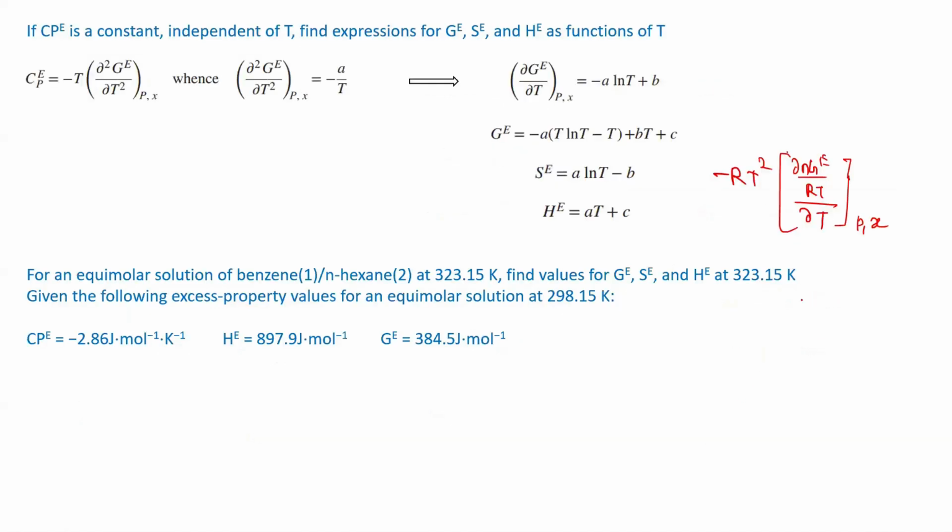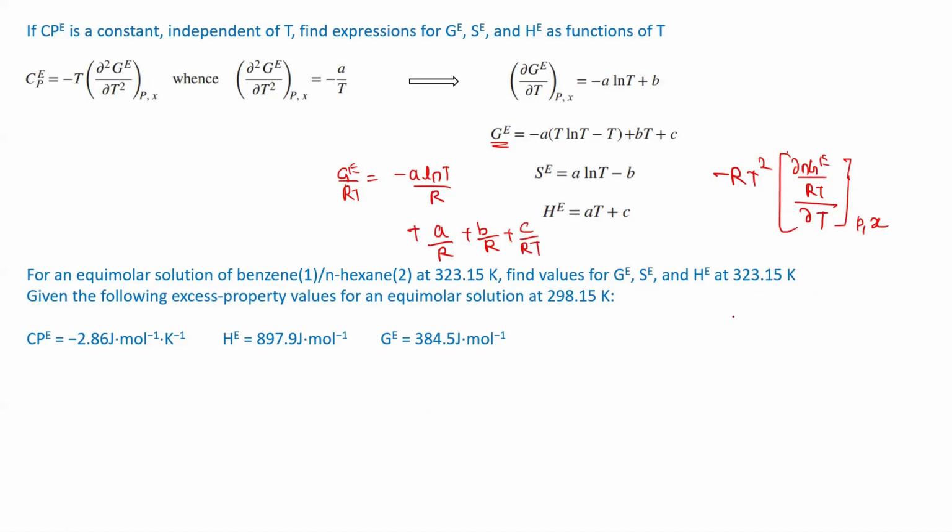Okay. Right. Now I have this G. So G by RT equal to minus A ln T by R plus A by R plus B by R plus C by RT.